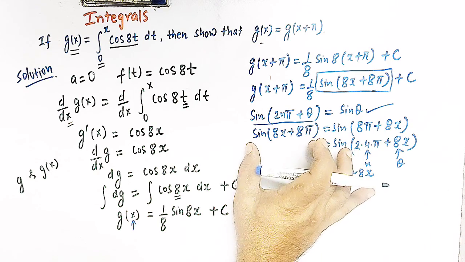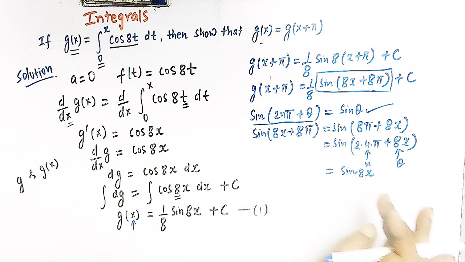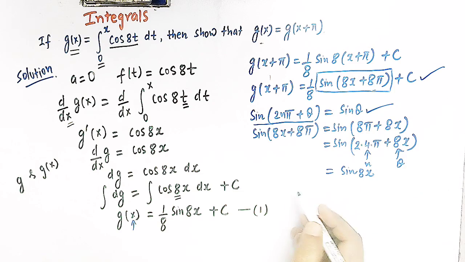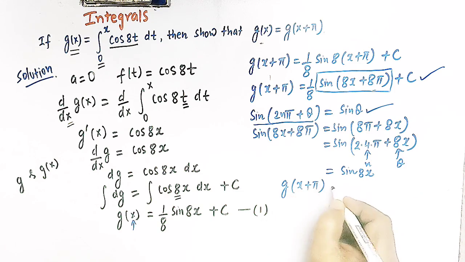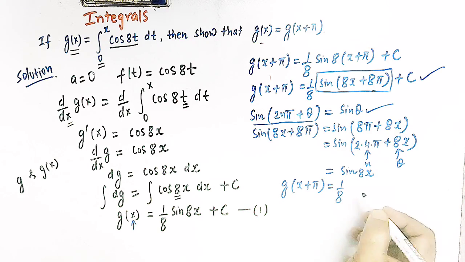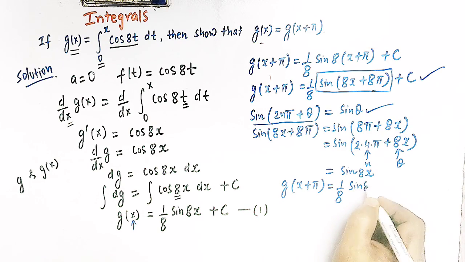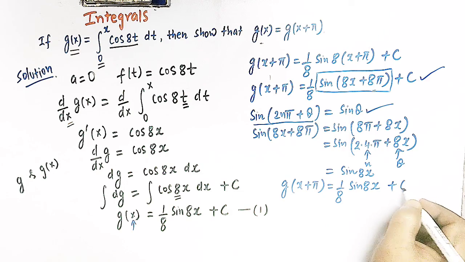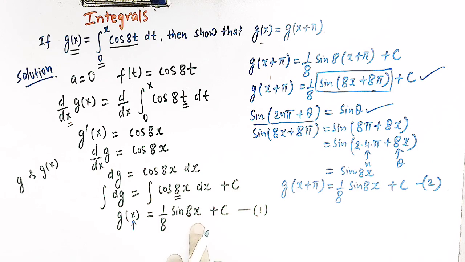So now we can replace sine of 8x plus 8 pi by sine 8x in this equation. So we have now g of x plus pi is equal to 1 over 8 sine 8x plus c. Now this is our equation number 2. So now if we compare equation 1 and equation 2, then we can see that the right hand side of both these equations are the same, right?